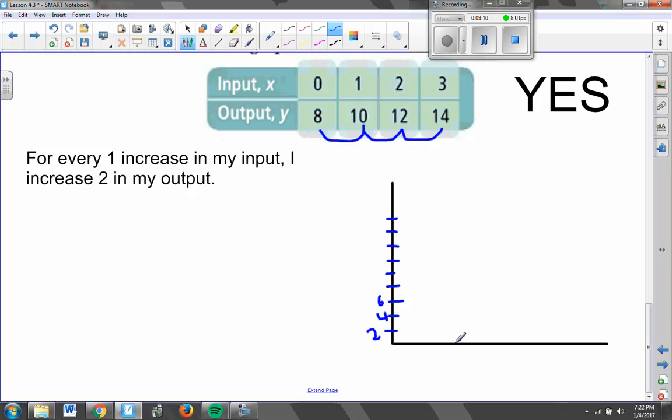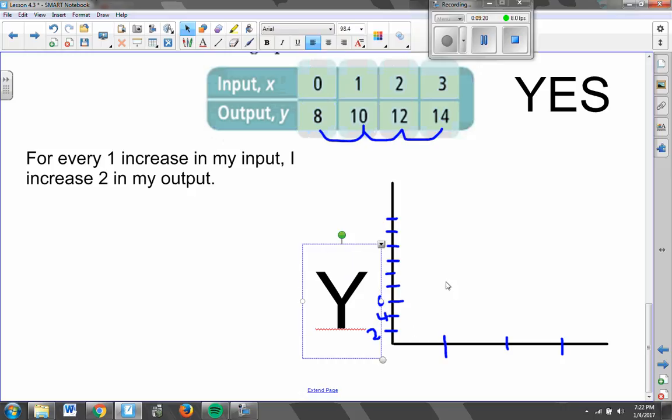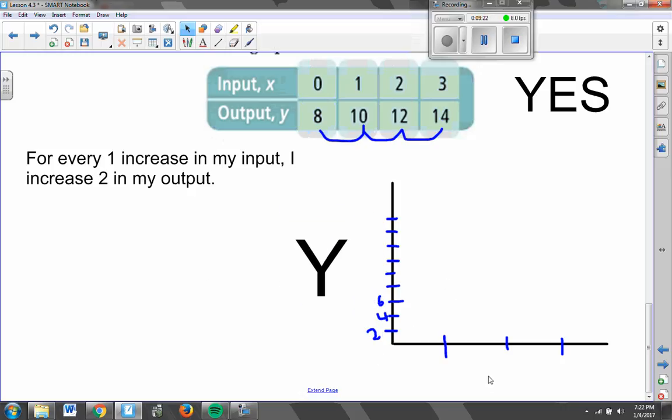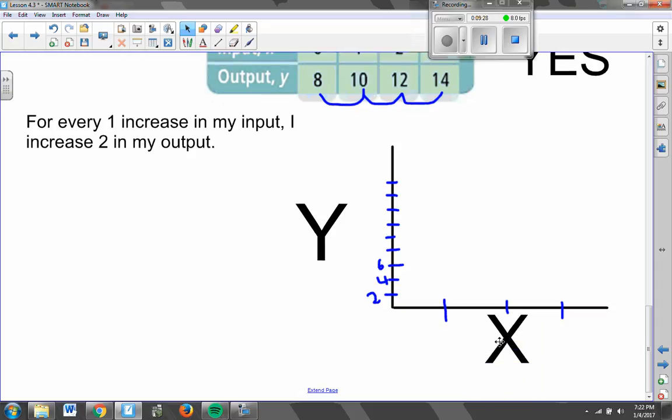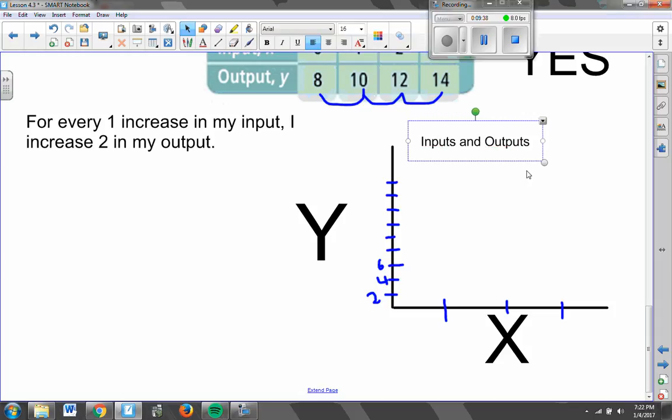And then on my x-axis, I'll count just 0, 1, 2, 3. Obviously this is my y, my output axis. And then down here, I have my x-axis. There's no real good title here, but I'll just call it inputs and outputs.